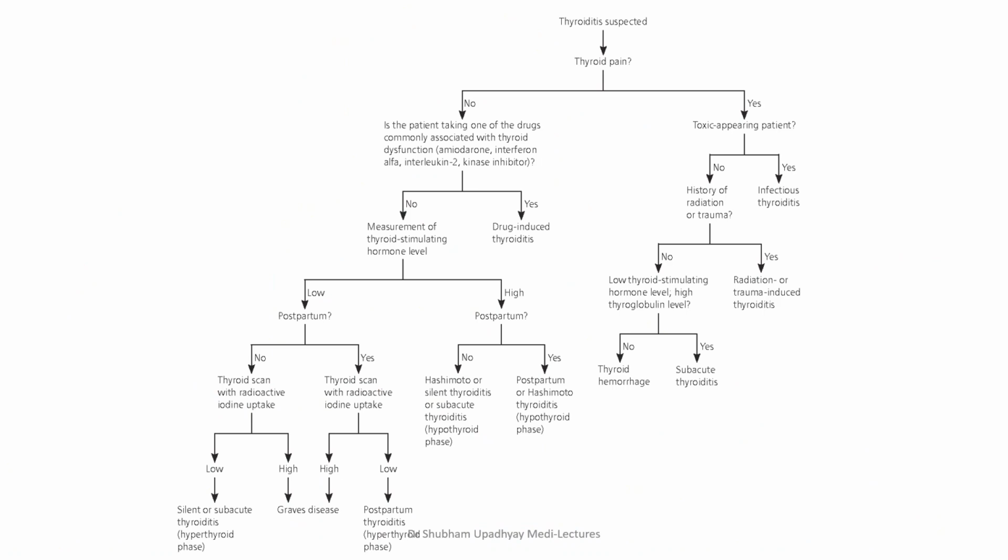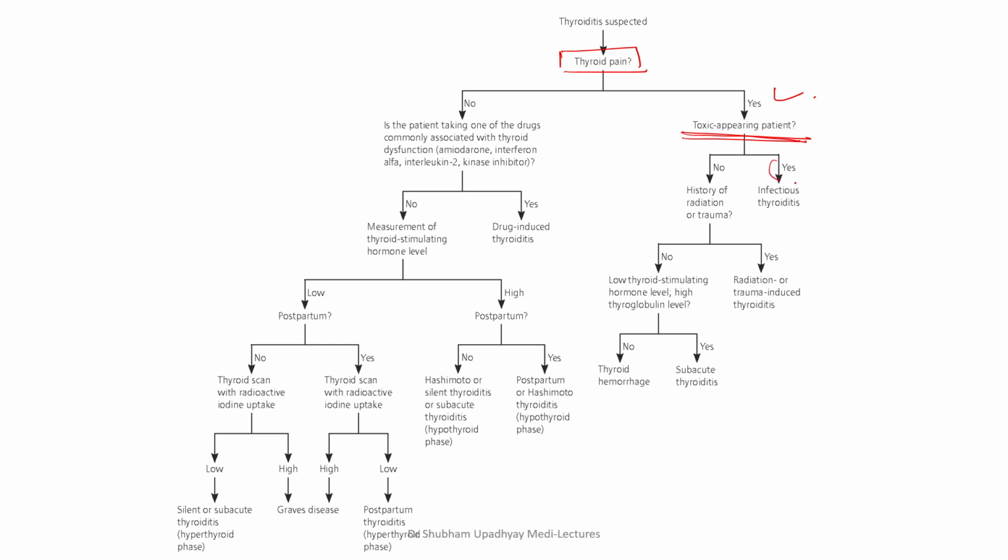So in each patient, if the patient is presenting with the painful goiter or even painless goiter and we are suspecting thyroiditis, how we will approach this patient? So first question which we will ask is, is there associated thyroid pain? If there is thyroid pain present, then we will see whether the patient is toxic or not, that is, whether the patient is having features of febrile illness or not.